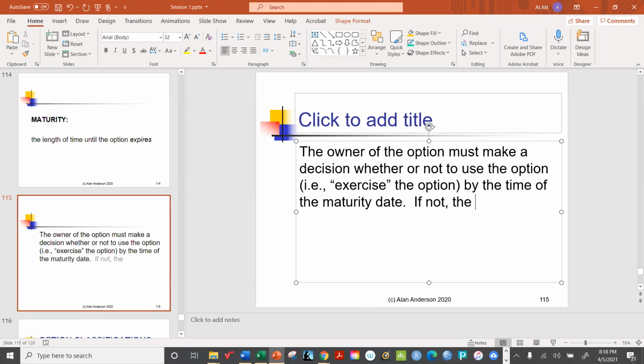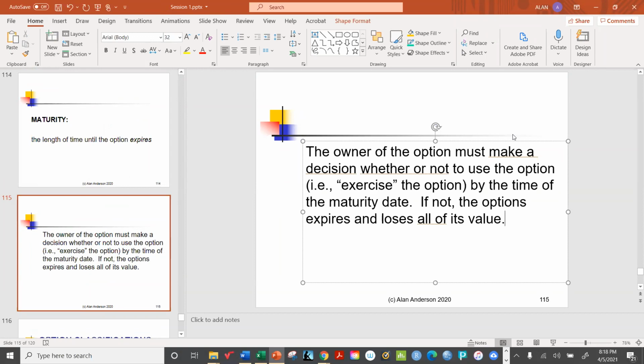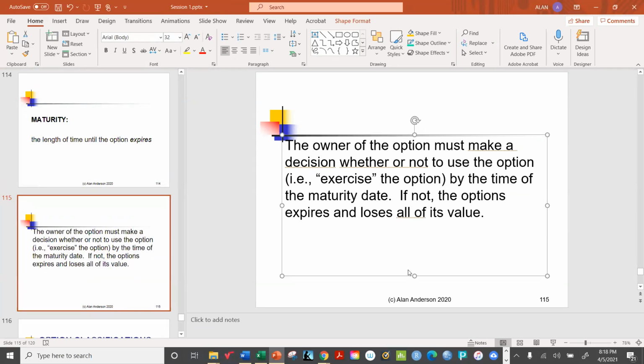If not, the option expires and loses all of its value. You've got a fixed length of time in which to make up your mind. If you allow it to expire, then it has no value.